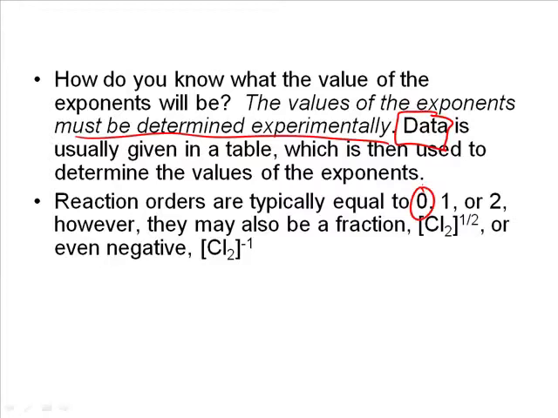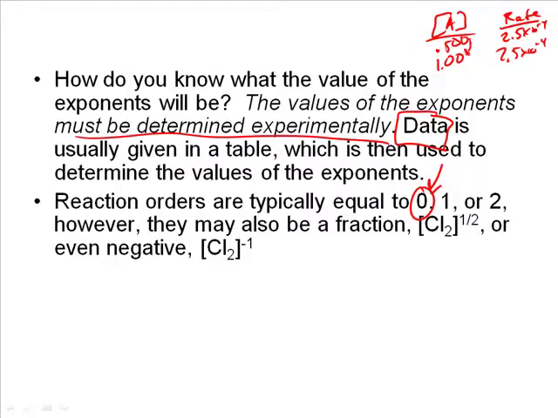That means that if, let's say our concentration of A goes from 0.50 to, let's say 1.0, and then here you have your rate, and the rate goes from 2.5 times 10 to the negative 4th to 2.5 times 10 to the negative 4th. So the rate isn't changing at all. That means it's raised to the 0 power.